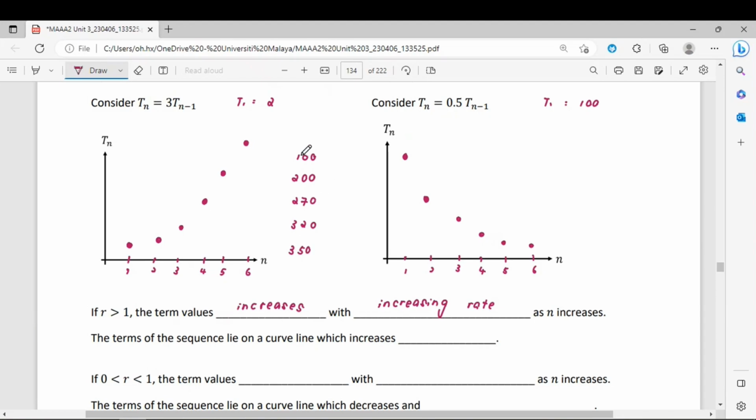You can see this sequence increases. Am I right? Nothing wrong about increases. But from here to here, you increase 100. From here to here, you increase 70. From here to here, you increase 50. Here to here, you increase only 30. So you can see the term getting bigger and bigger, but the difference between the terms is lesser and lesser. So this is increases with decreasing rate, okay?